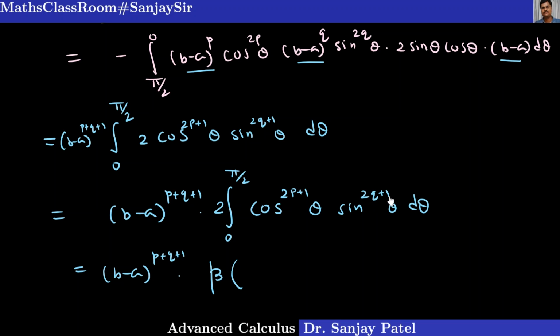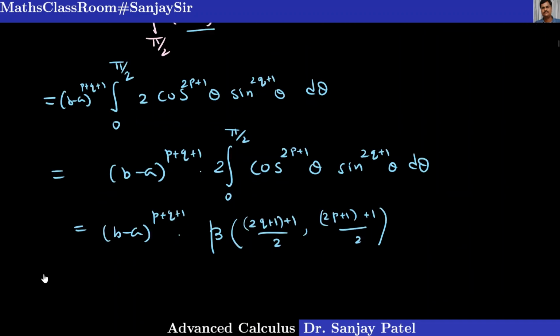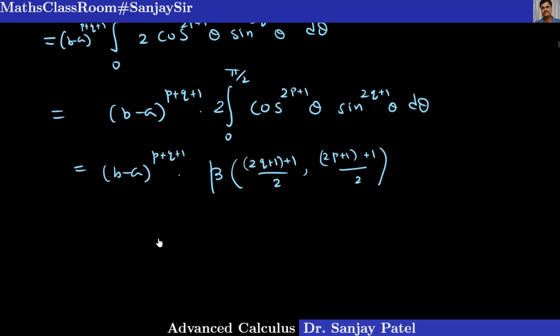So what I will get is beta, say 2q plus 1 by 2, comma 2p plus 1 by 2. So I am using that formula, integral 0 to pi by 2 sine raised to p into cos raised to q is equal to 1 by 2 times beta of p plus 1 by 2, comma q plus 1 by 2. So that's all.